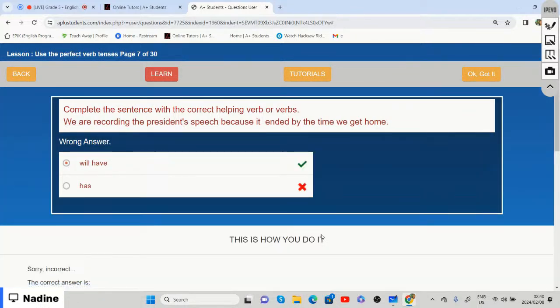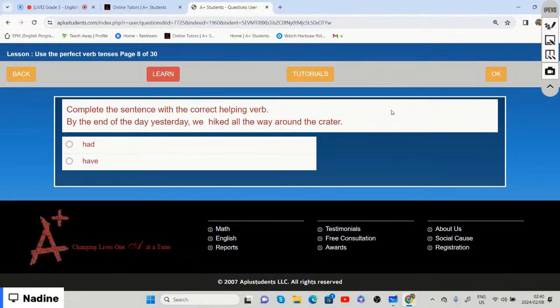Oh, so it will have ended, not has. So will have is like the ongoing action, right? So it will have by the time we get home.